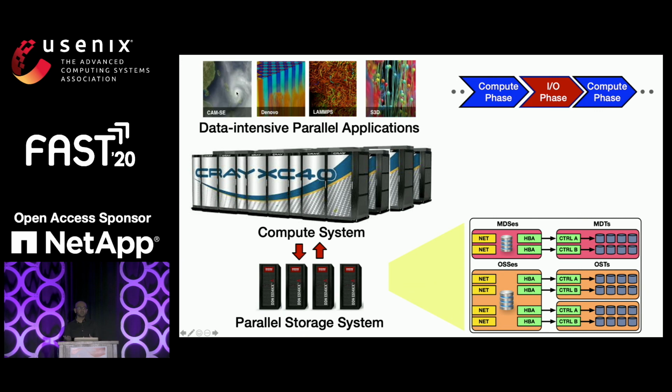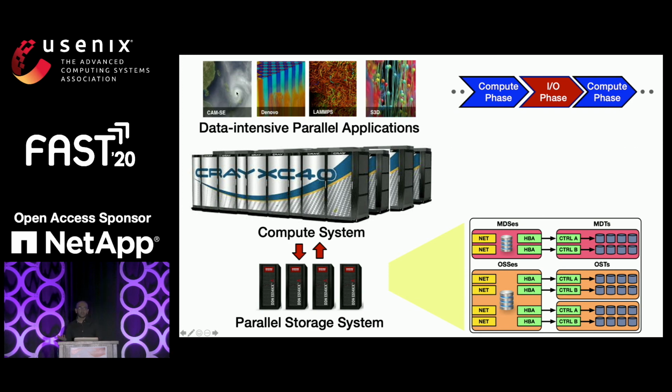From the compute system on which they're running, they perform their I/O to the parallel storage backend system. This parallel storage system is performing I/O for all of the concurrently running applications. While they have isolated compute resources, the I/O resources are shared. As we saw earlier, a general Lustre-based system has an I/O backend with several components.